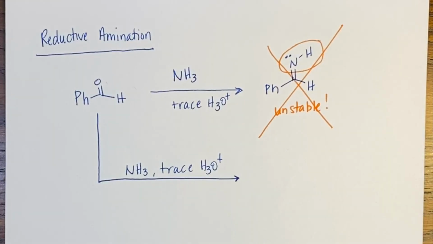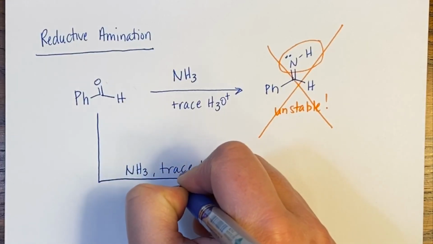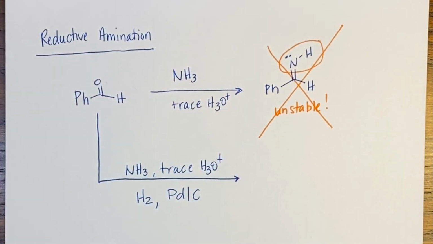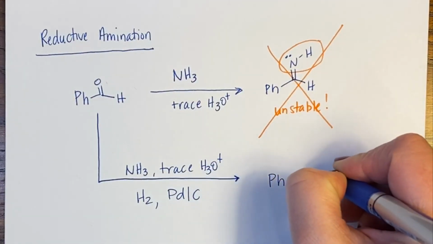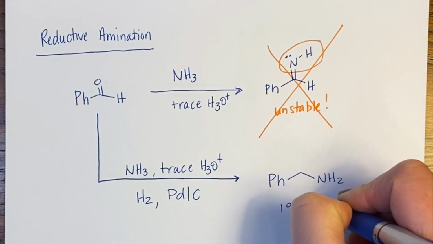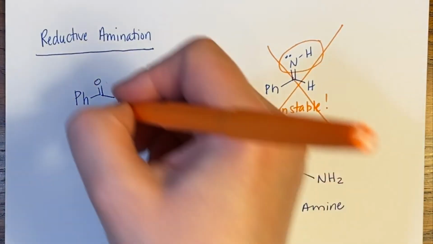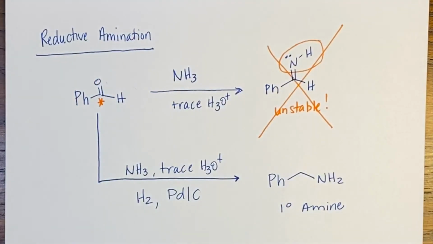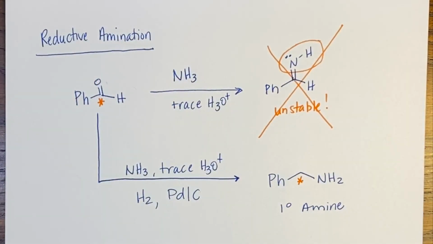But if I include in this reaction hydrogen gas and palladium on carbon, I can get a one-pot, two-step reaction where the product is a primary amine. In the primary amine, this carbon of the original aldehyde is this carbon of my primary amine.